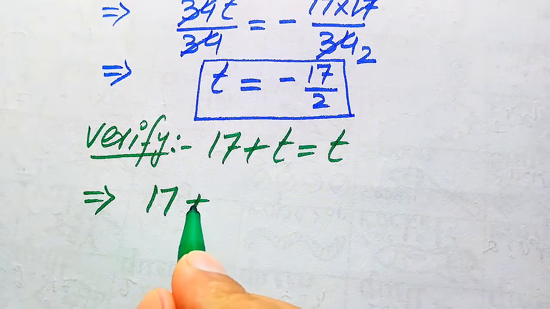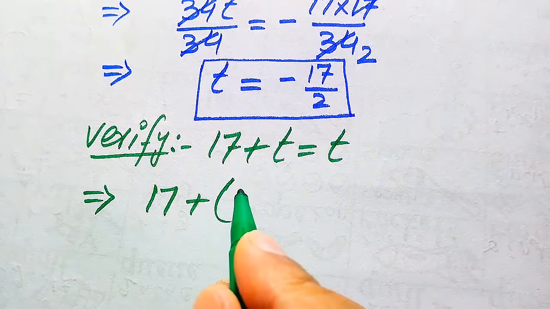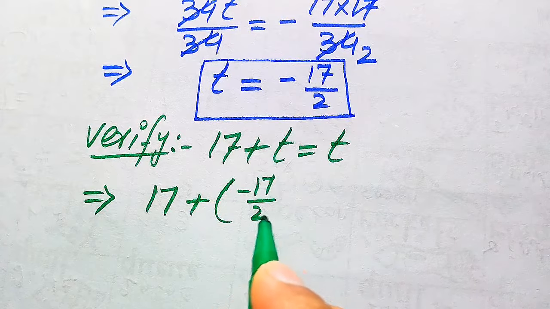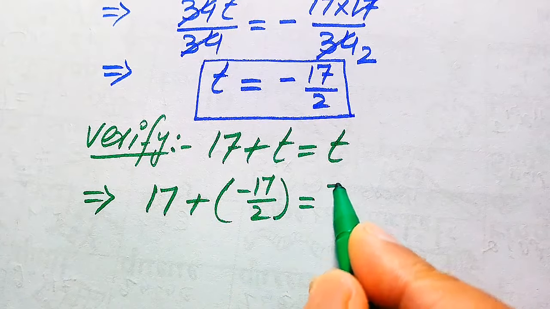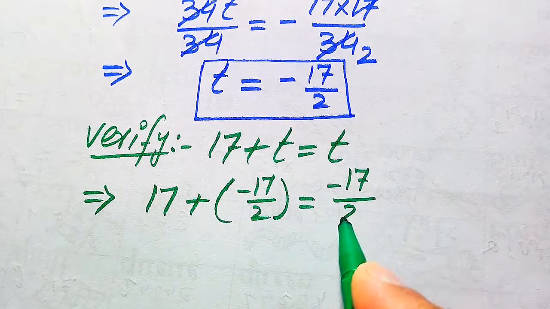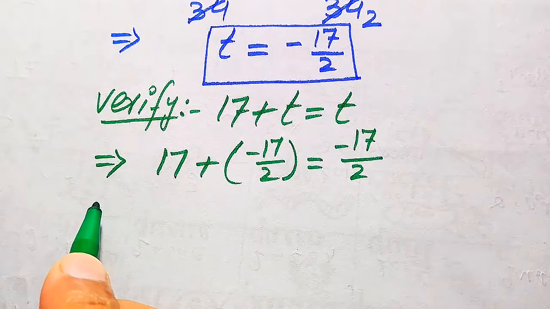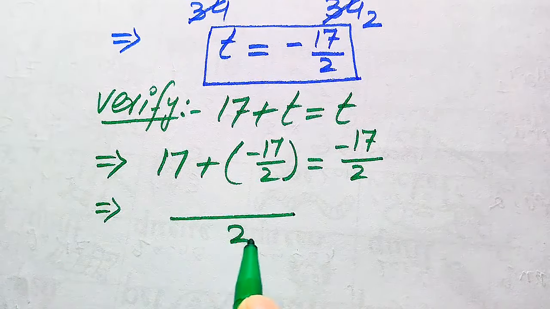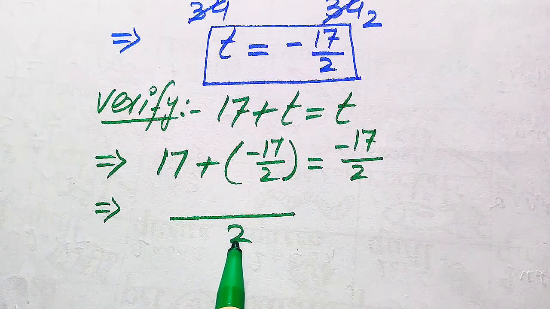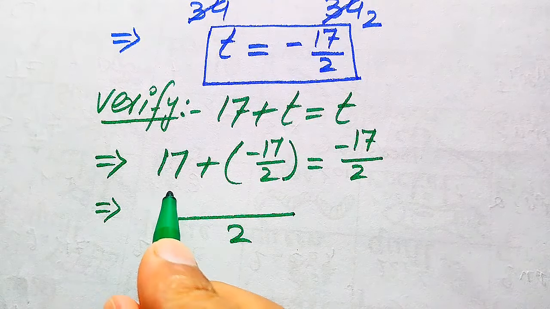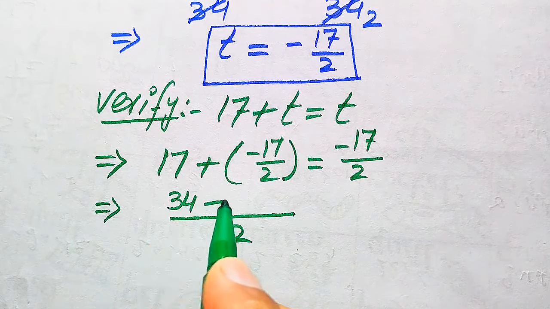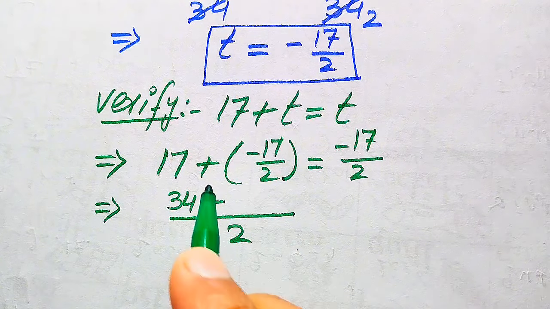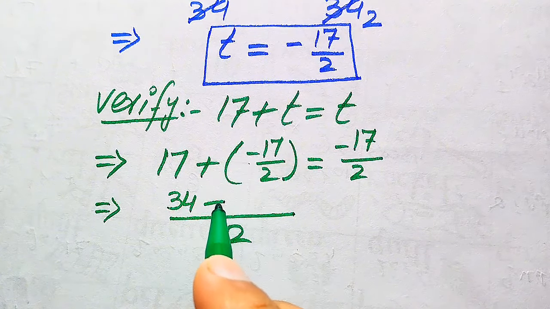So we have 17 plus the value of t, which is minus 17 divided by 2, is equals to minus 17 divided by 2. So here we need to take the LCM of this term, and its LCM becomes 2. So 2 times 17 becomes 34, and this 2 is cancelled out by this 2, and plus times minus becomes minus.